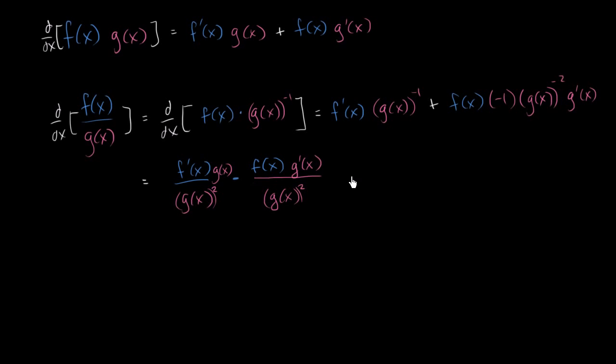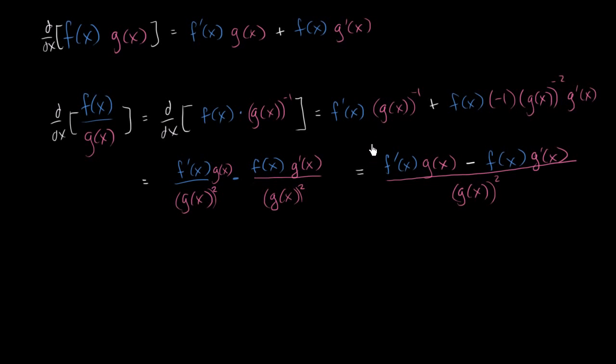And so we get the derivative of f of x over g of x is equal to the derivative of f of x times g of x minus, not plus anymore, minus f of x times g prime of x, all of that over g of x squared.